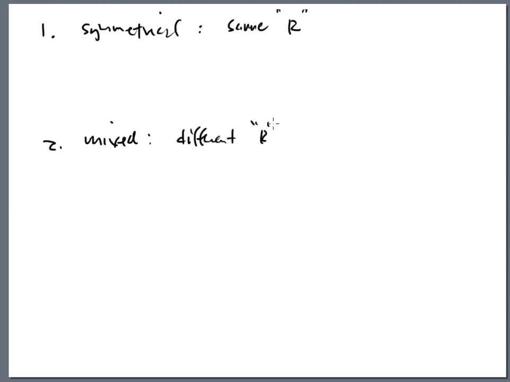One that we call symmetrical, and the other one that we call mixed. And as you can imagine, symmetrical will have the same R group on each one of those carbonyls, and a mixed anhydride will have different R groups on those carbonyl structures.